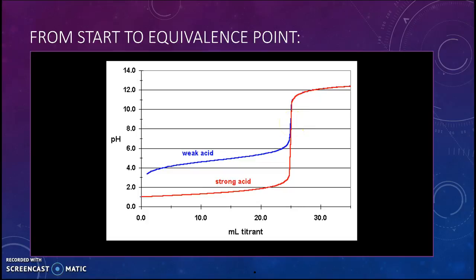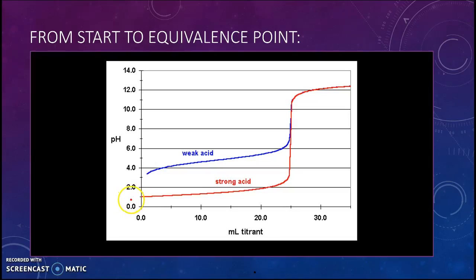So what I want you to do is, in your notes, have both these curves, make them nice and big and write these down. But I'm going to separate them in the slides so it doesn't get too cluttered. Let's start off with the starting point up until this equivalence point.